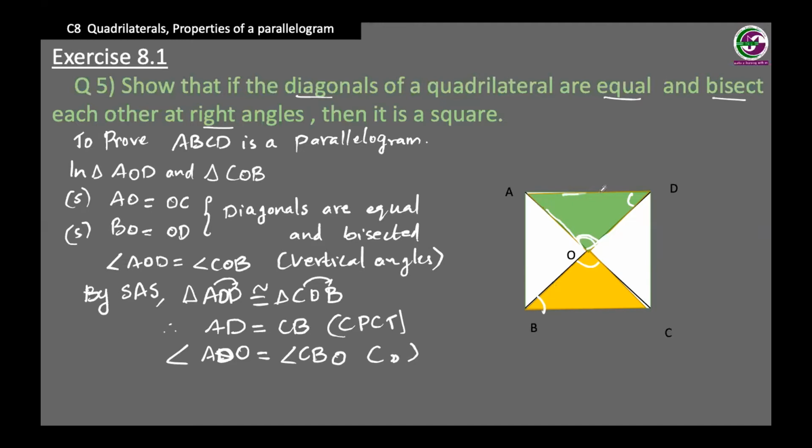But what did we get now? We get alternate interior angles are equal, which means these two sides are parallel. Therefore, AD is parallel to BC because alternate interior angles are equal.